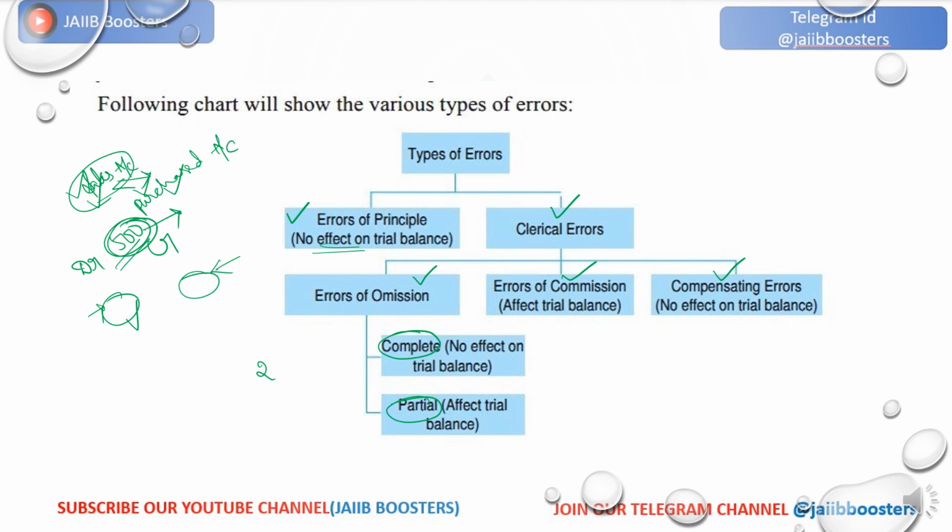So if it is omitted, there will be no effect on the trial balance because it has been completely omitted, meaning there is no effect on debit and credit.